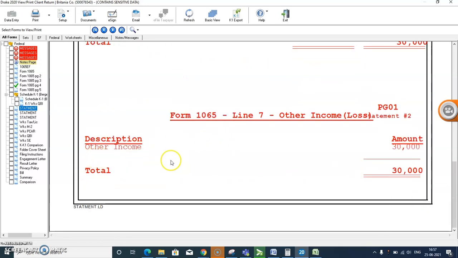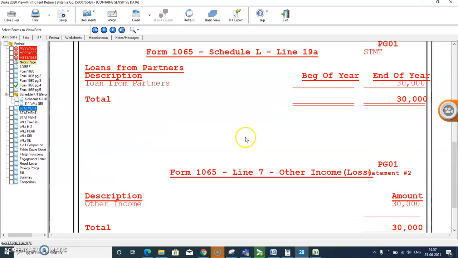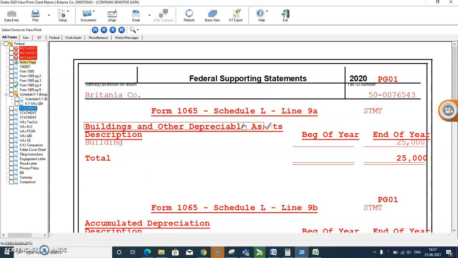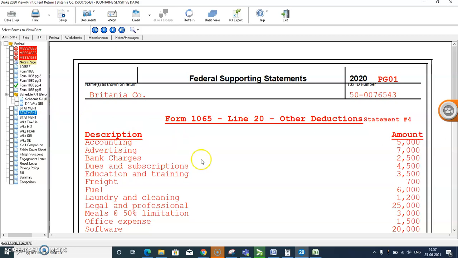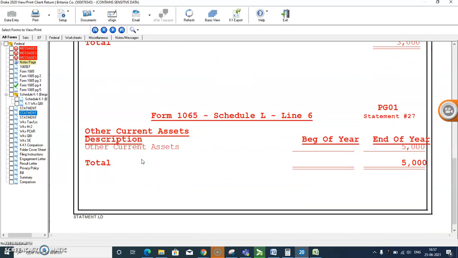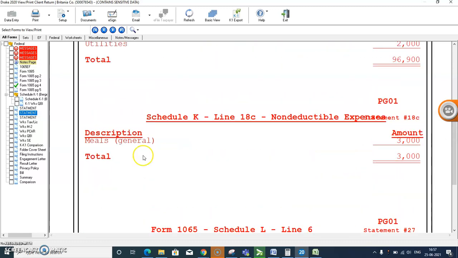This is the other income. Non-deductible expenses, Schedule K line 18C, is 3,000. 50% of 6,000 comes to 3,000.